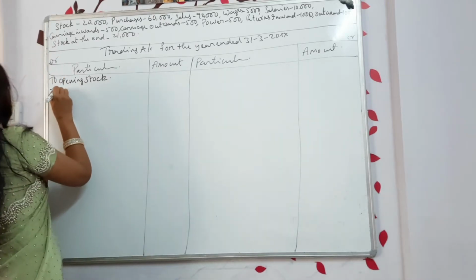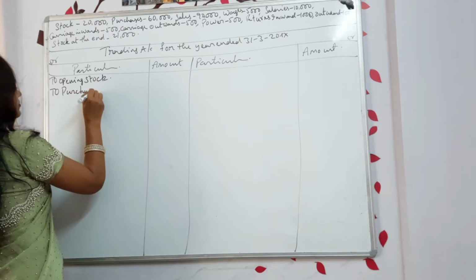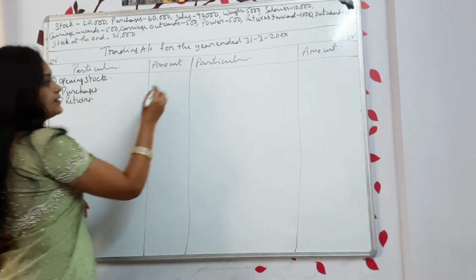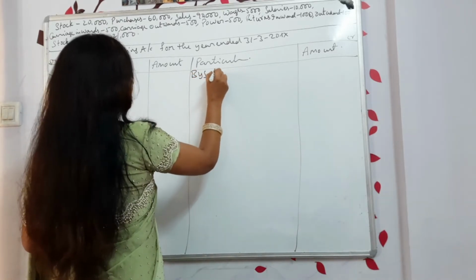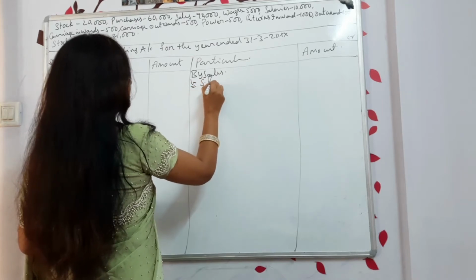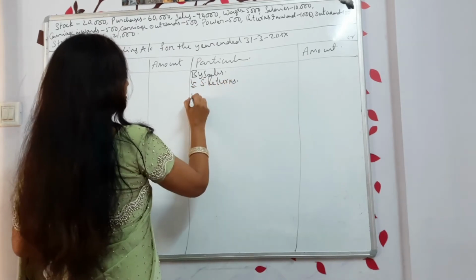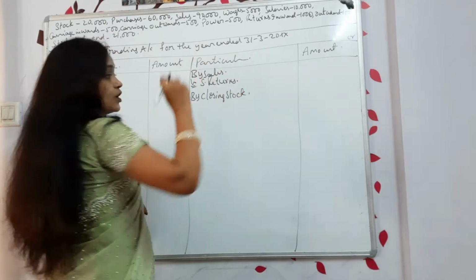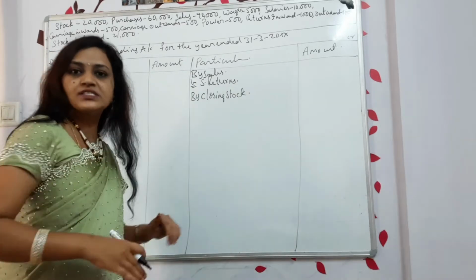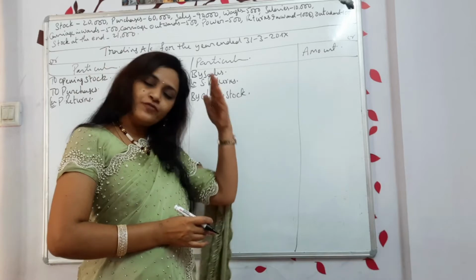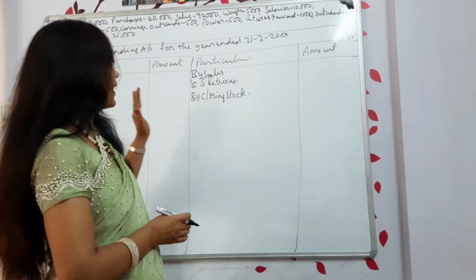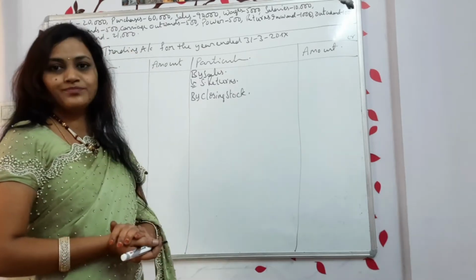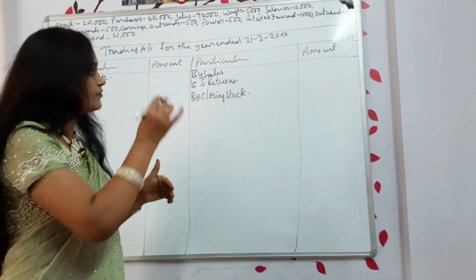First opening stock, next to purchases less purchase returns, and here by sales less sales returns, and after that by closing stock. Before you see the question itself, if you are attending any trading account or final accounts problem, first write and keep this. These must be there. If it is not there, then we will put nil.